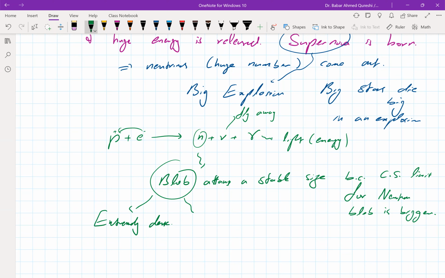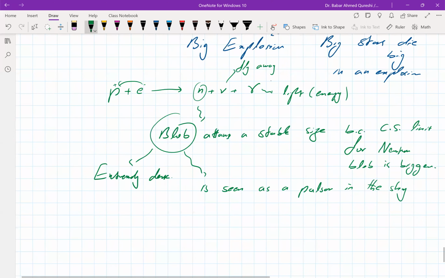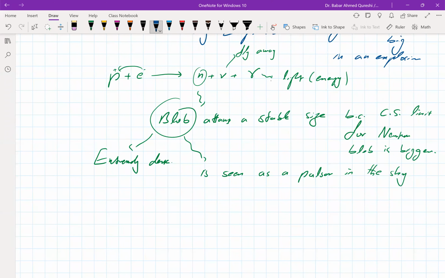And this blob is seen as a pulsar in the sky, which we also call the neutron star.